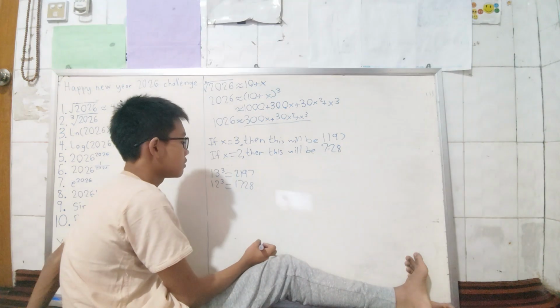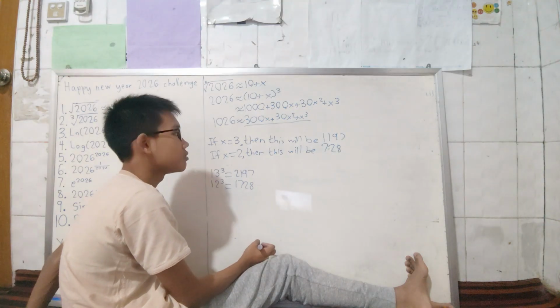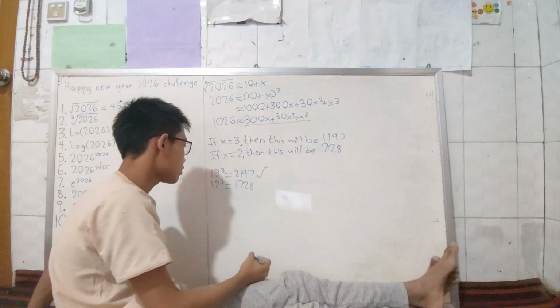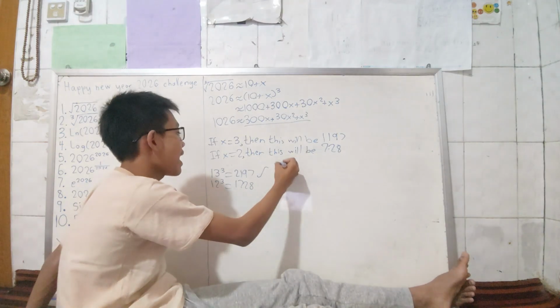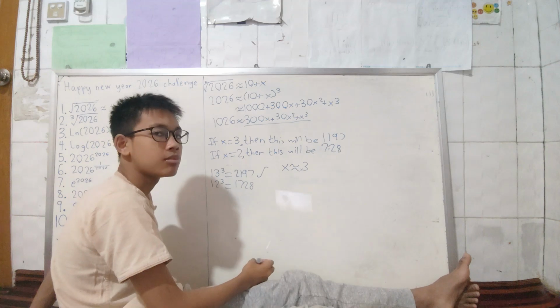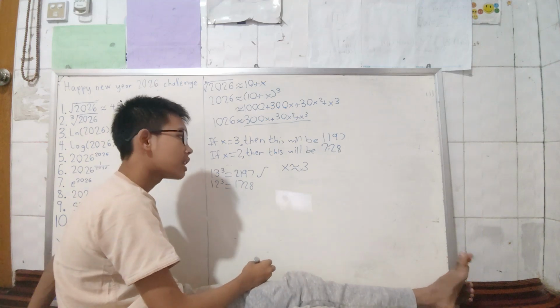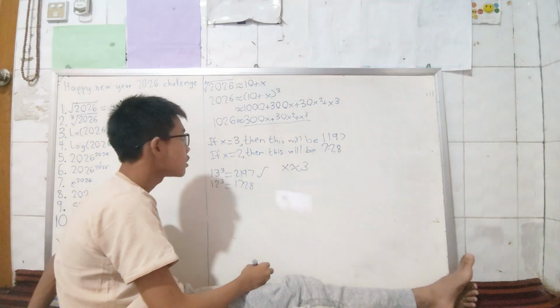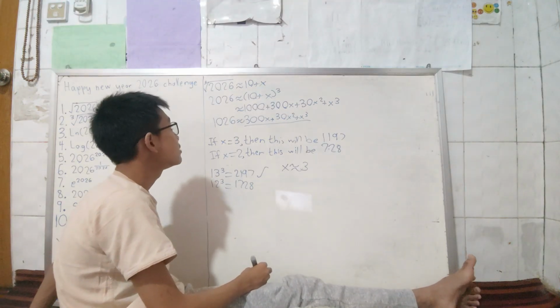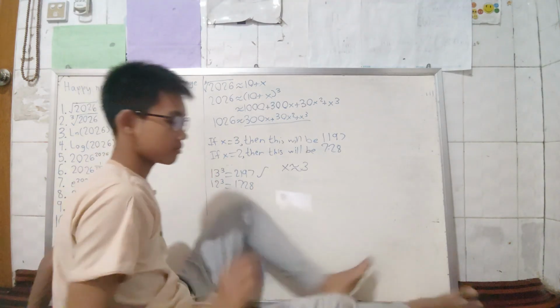If you like, then pause and think about it. Okay, so I think this will be the closest one. So x is approximately 13, but we're not done yet, because if we stop here, that will not be an accurate approximation for the cube root of 2026.